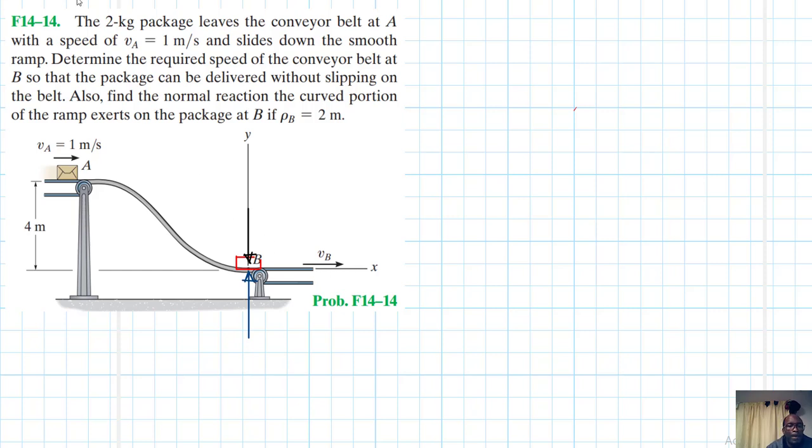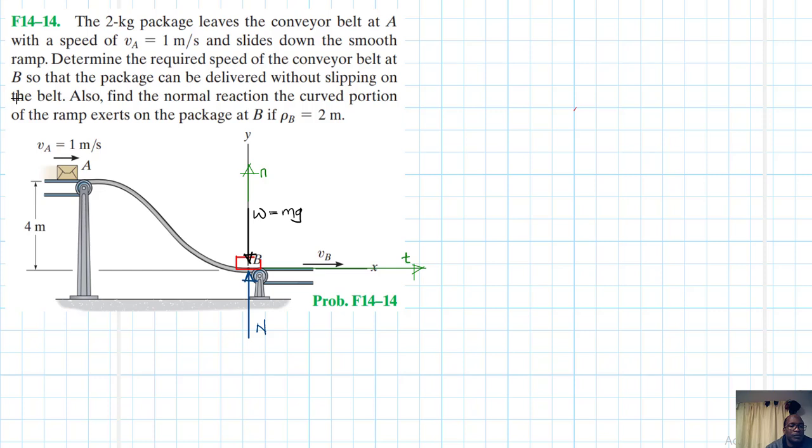And this axis here, at this point, this is our N, and this one here is going to be our T. So let's call this T, we call this N, and we call this W equal to mg.